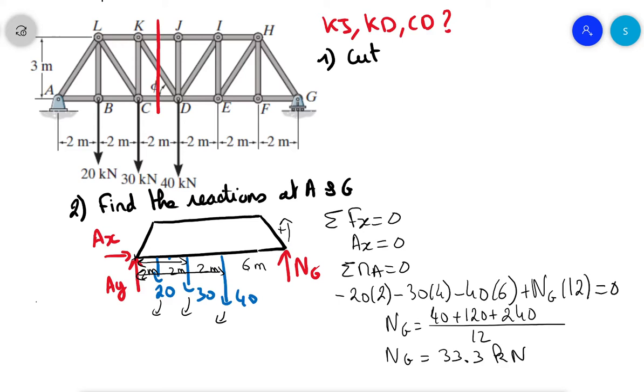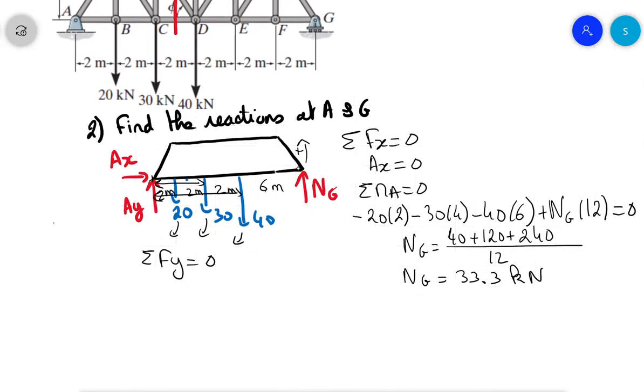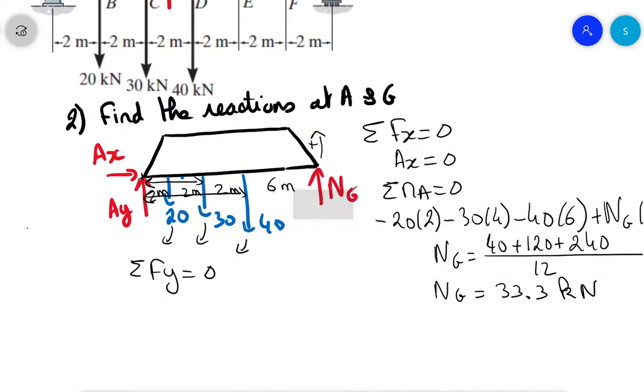In your book it's solved with the left side. We can find AY, so let's find AY. Sum of the forces on Y is equal to 0, or we can use the moment about G, either. We have AY minus 20, minus 30, minus 40 plus NG is equal to 0.